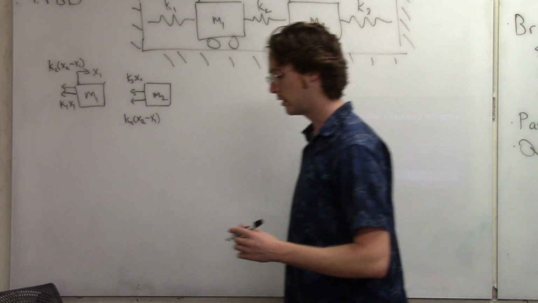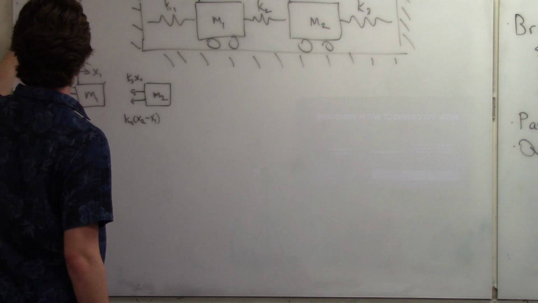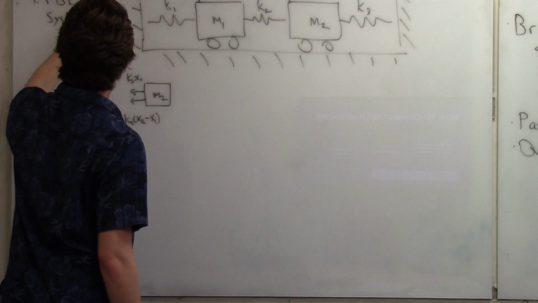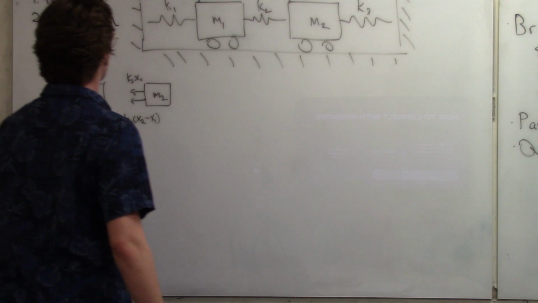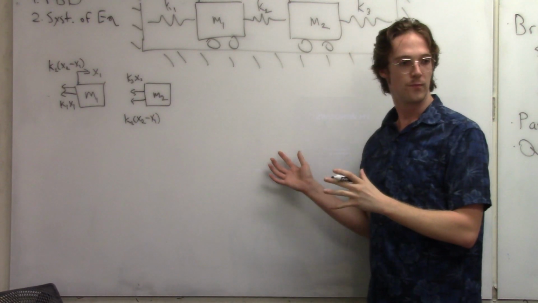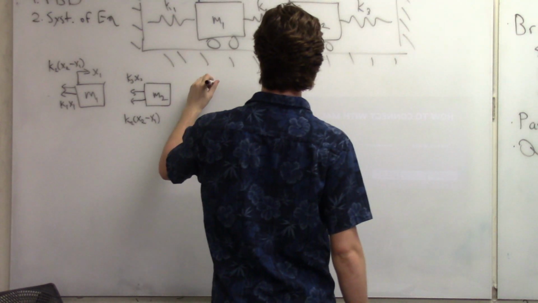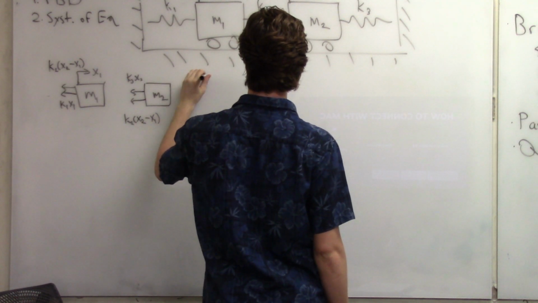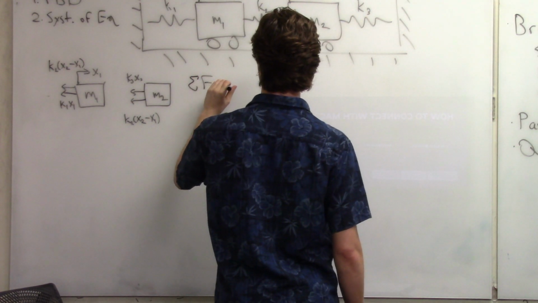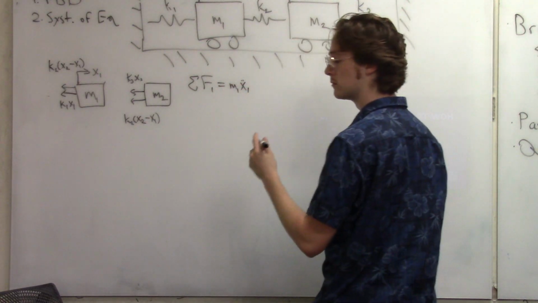Now the next step is to write a system of equations. It's important that you make sure your signs are consistent. So I'm going to start out by saying the force on mass 1, Newton's second law, is equal to m1 times x1 double dot.